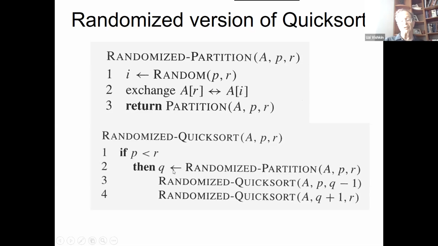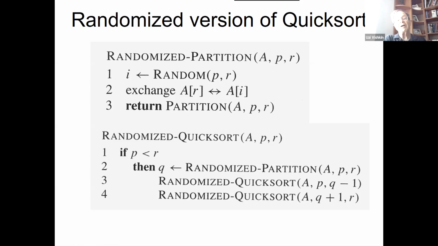Then we call randomized partition. Here is the index, the rank of the pivot, and here we continue solving by calling recursively on the elements smaller than the pivot and larger than the pivot. So that's the whole idea of randomized quicksort. It's the same old quicksort with the added step of choosing a random pivot.